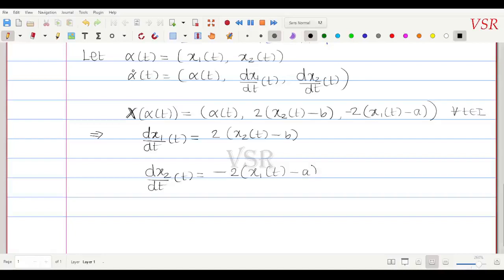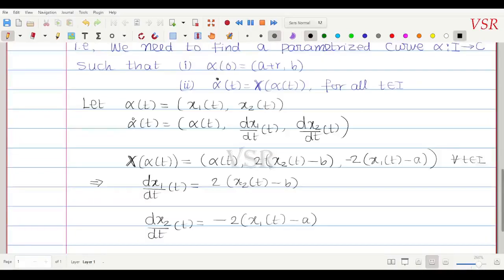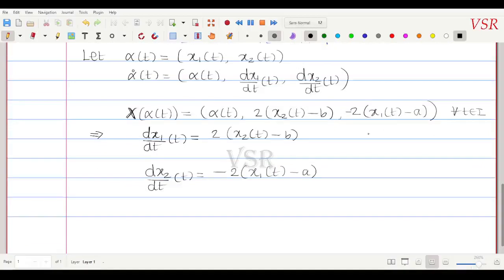Okay, and it satisfies the initial condition alpha of 0 equals this. So alpha of 0 is x1 of 0 and x2 of 0, where x1 of 0 equals a plus r and x2 of 0 equals b.